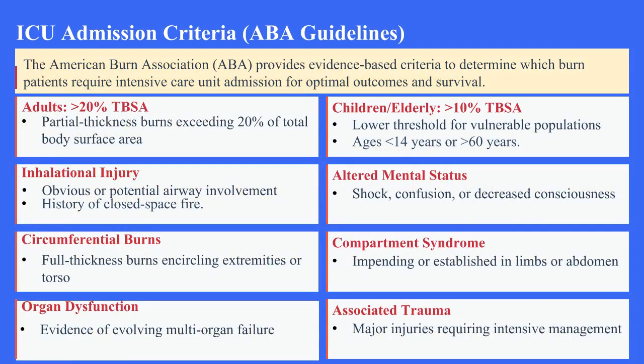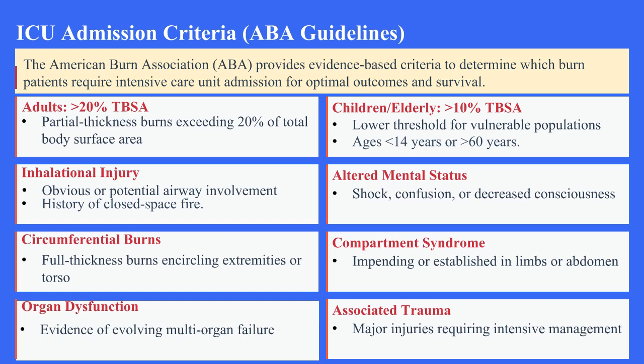When deciding whether a burn patient requires ICU admission, we follow the ABA guidelines. Patients with more than 20% TBSA burns in adults, or more than 10% in children and the elderly, should be admitted due to the high risk of shock and complications. ICU care is also necessary when inhalational injury is suspected, especially after enclosed space fires.